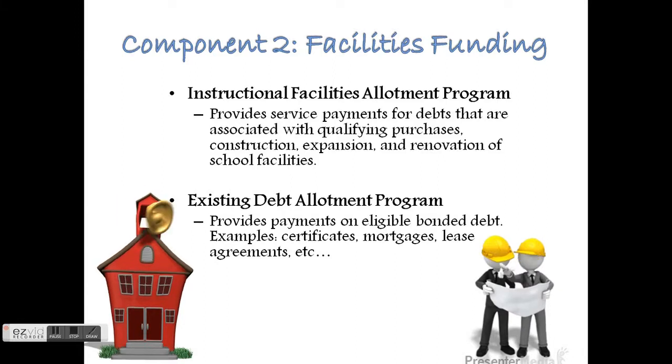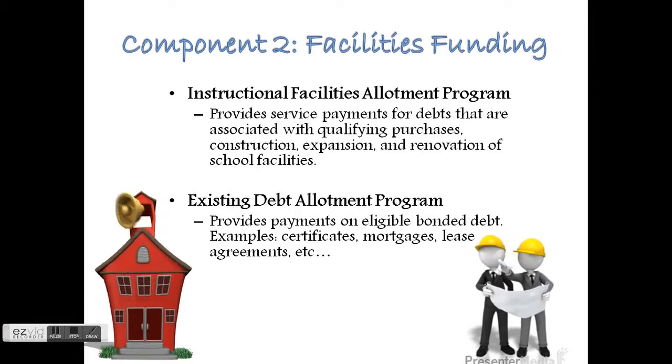This program provides payments for debts associated with qualifying purchases, construction, expansion, and renovation of school facilities. The second program is the Existing Debt Allotment Program. This program provides payments on eligible bonded debt. Some examples might be mortgages, lease agreements, certificates, and other things of that sort.